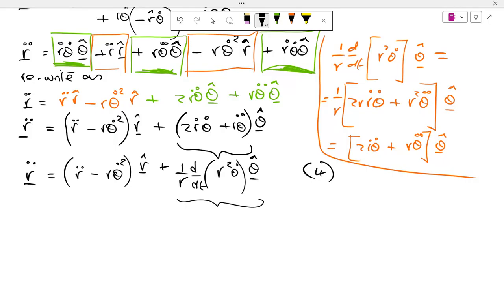Now, the transverse component is 0 along the radial vector. This is to do with the conservation of angular acceleration. This has to be equal to 0, because if it wasn't, it would change the angular acceleration. If angular acceleration was not conserved, then this would not be equal to 0. It would be equal to something that would affect the angular acceleration, but angular acceleration has always got to be conserved, so it can't change as such.